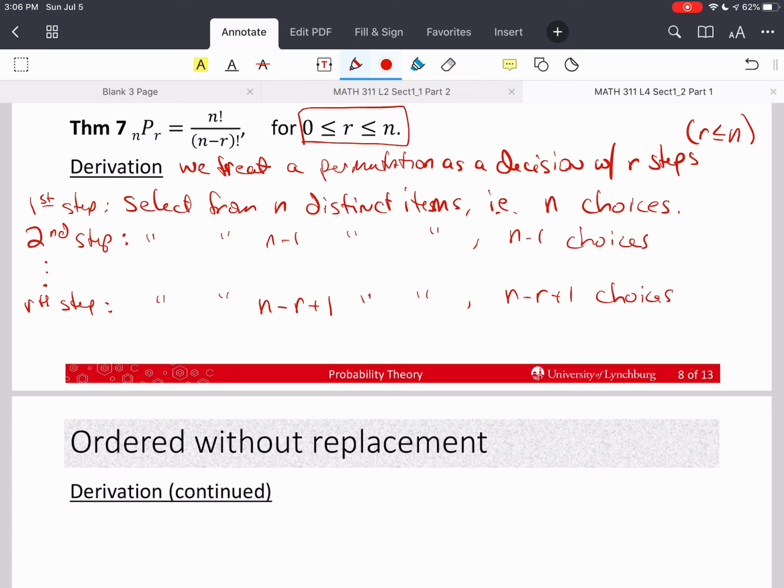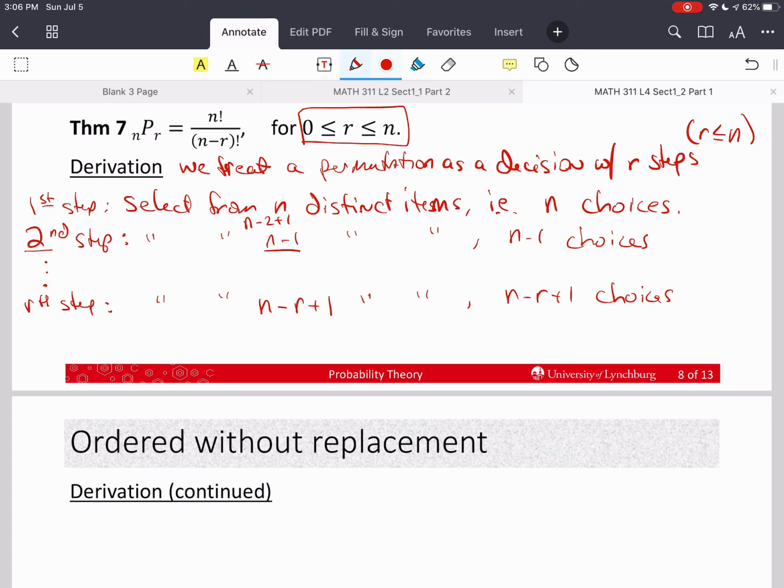Now you might ask, why do we have N minus R plus 1? Let's take a look at the second step. We would have N minus 1, not N. So basically, I could rewrite this as N minus 2 plus 1. And so minus 2 and plus 1 is minus 1.